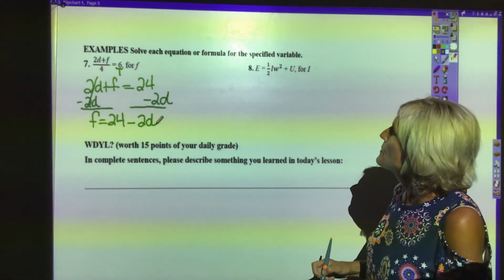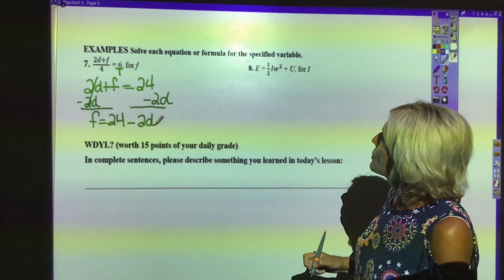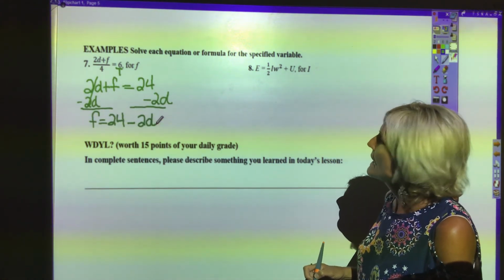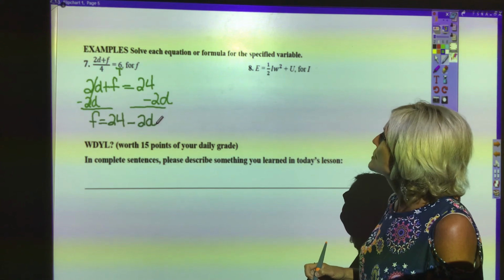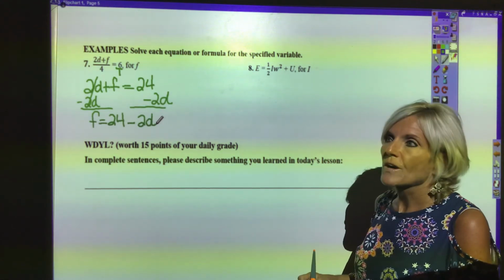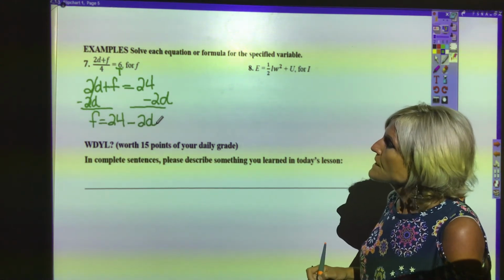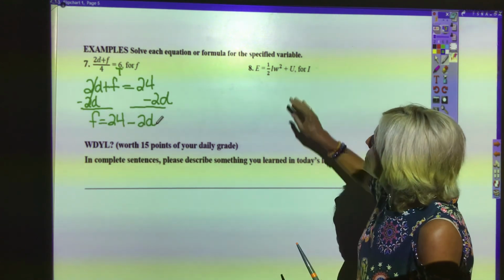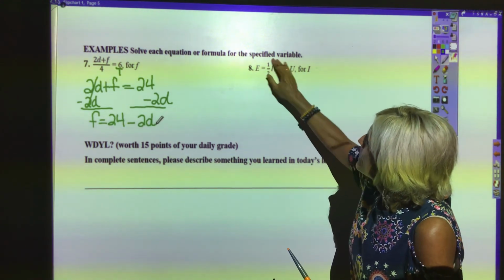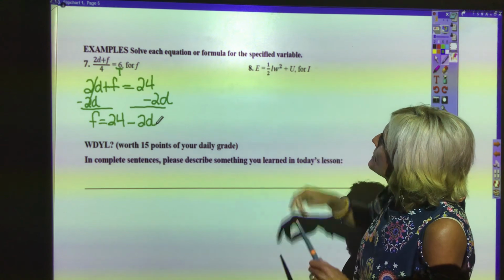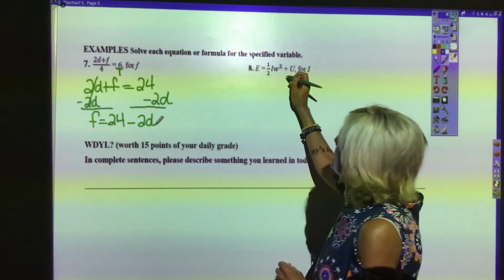And on our last problem, we've got E equals 1/2 IW squared plus U, and we're solving it for I. The first thing we want to do is to get this term all by itself. So we're going to take away a U from both sides.